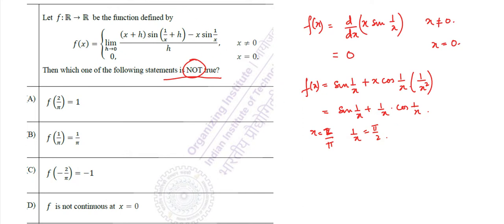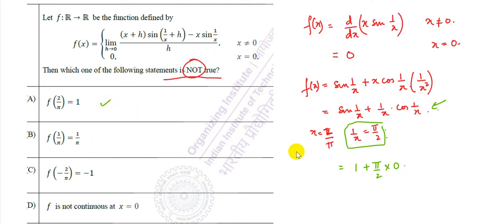So if you put 1 by x equal to pi by 2 in this expression, you get sine of pi by 2, which is 1, plus pi by 2 into cos of pi by 2, which is 0. So that means this is equal to 1, which is correct.